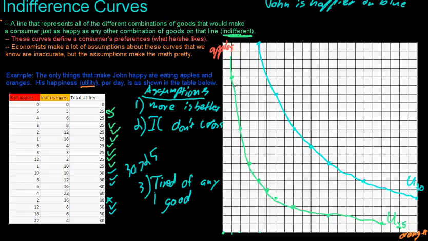Here you needed 1, 2, 3, 4, 5, 6 apples to sacrifice that second to last orange, where before you only needed 4 to sacrifice your third orange, and then only 2 to sacrifice your fourth orange, and only 1 to sacrifice your fifth orange. So you get tired of any one good.